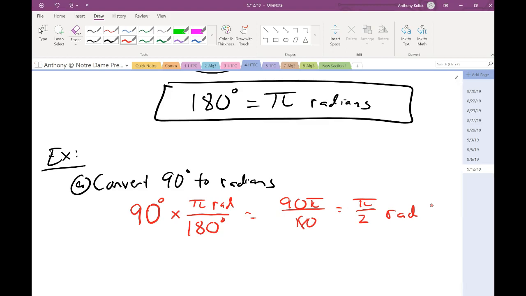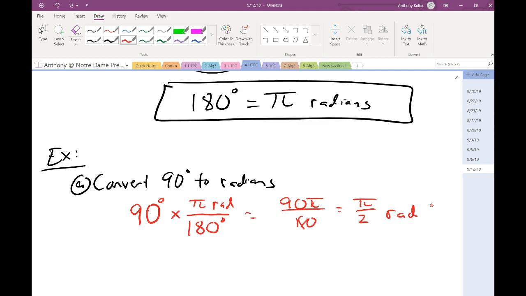Now, oftentimes, we're going to write our radians in terms of pi, especially in a case like this where the fraction is very convenient. Could we also write pi over 2 as a decimal? Sure, but oftentimes if we can write our radians in terms of pi, we choose to do that because it's exact.